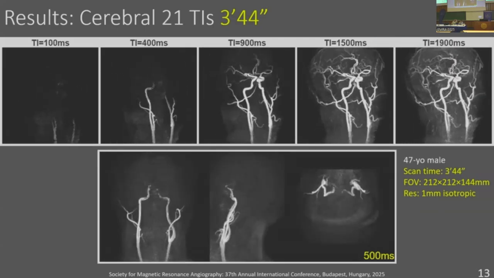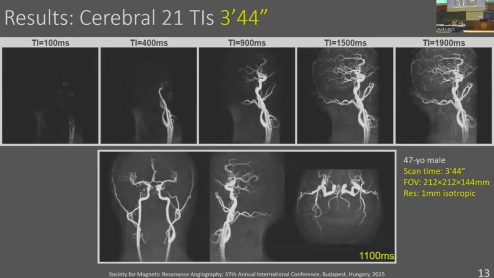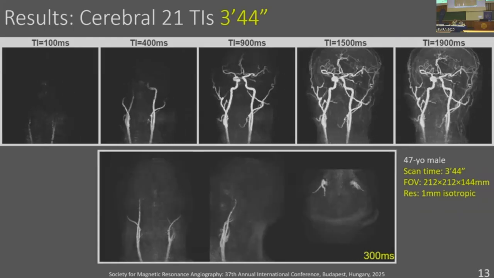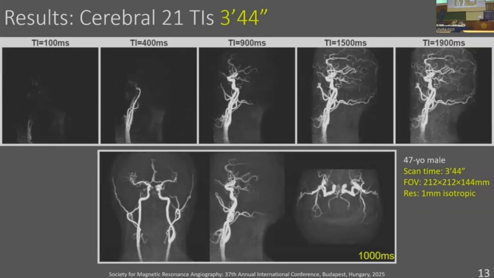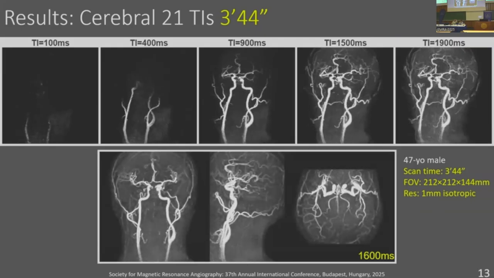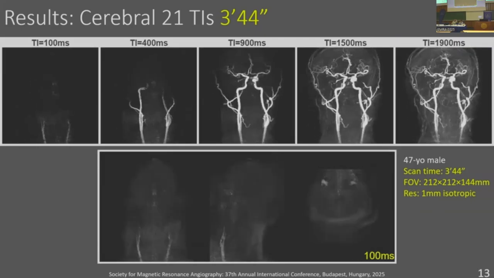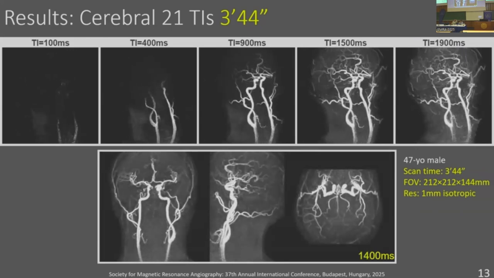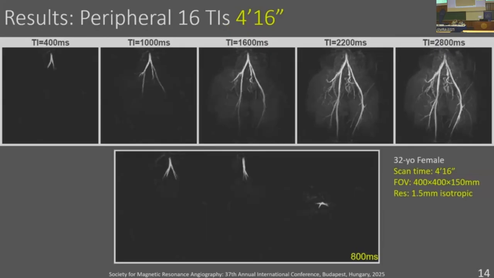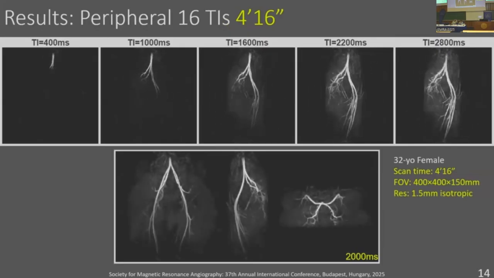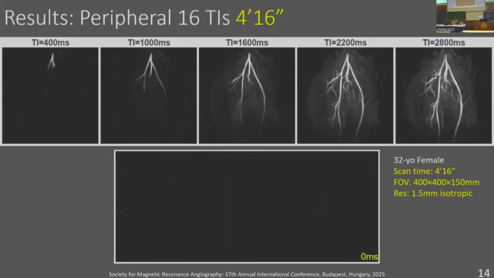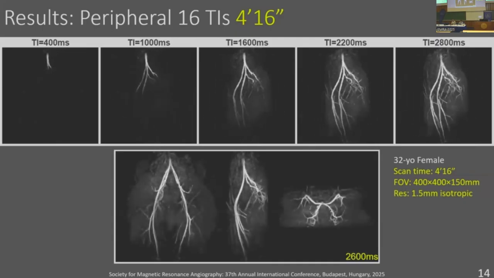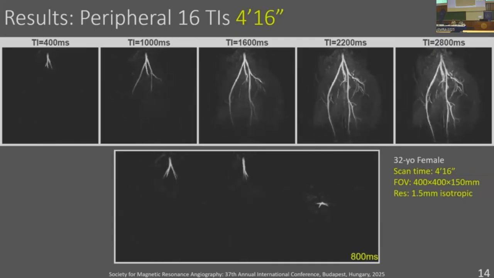These figures demonstrate a representative 21 TI cerebral dynamic VSMRA from another subject with veins removed. The dynamic VSMRA nicely tracks the arterial inflow at a higher rate at the cost of some extra scan time. These figures are representative images of the 16 TI peripheral dynamic VSMRA, clearly showing the inflow of the iliac and femoral arteries.